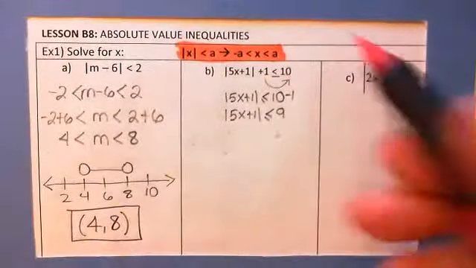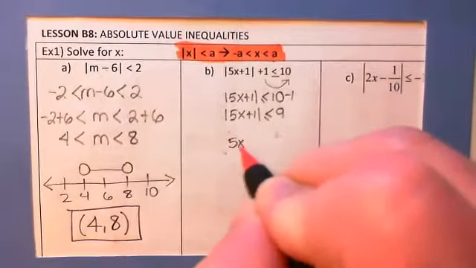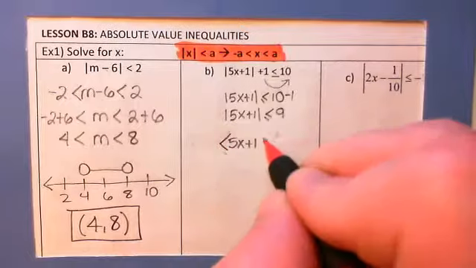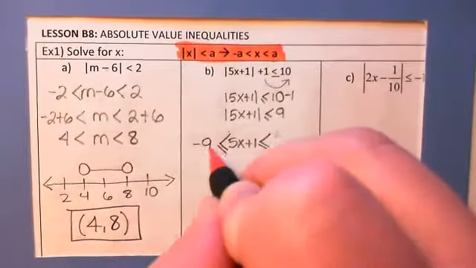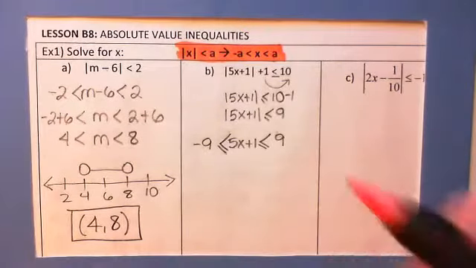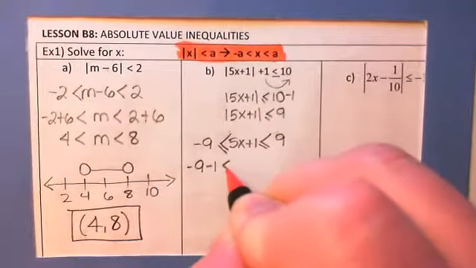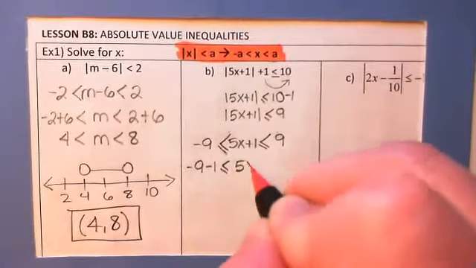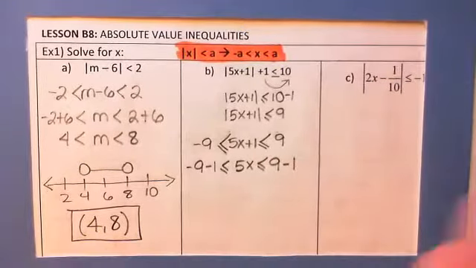I forgot the rule. The rule is you copy the middle, 5x plus 1, and you put the symbols like this, and one is going to be negative, and the other one is going to be positive. Alright, very good. So now we're going to solve for x. So this would be negative 9 minus 1, 5x, and this would be 9 minus 1 on the other side.